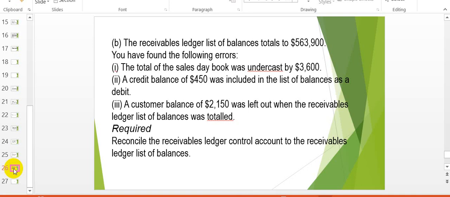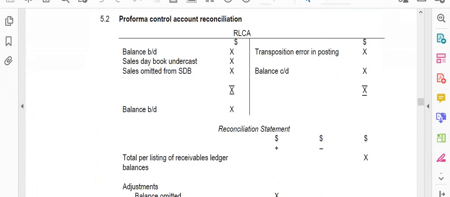Now, before we do the reconciliation, let me just refer you back to the pro forma for reconciliation. That's our pro forma for control account reconciliation.